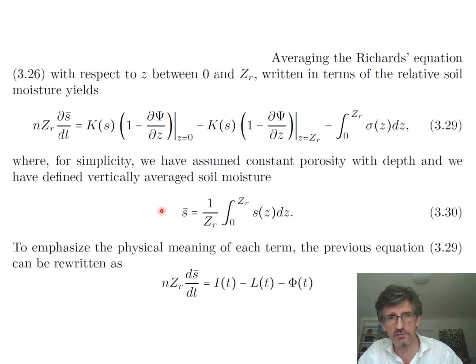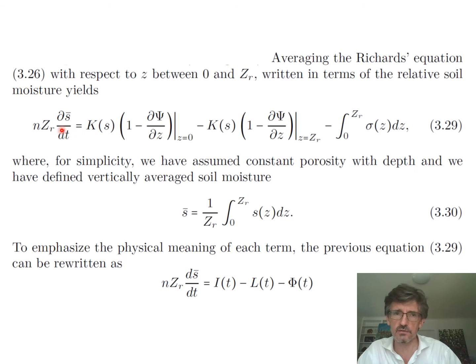So we can actually define a vertically averaged soil moisture S bar like this. It's the integral between 0 and ZR of the local, at a point, relative soil moisture, divided by ZR, averaged over ZR. We call this S bar, and this gets into the first part of the equation.